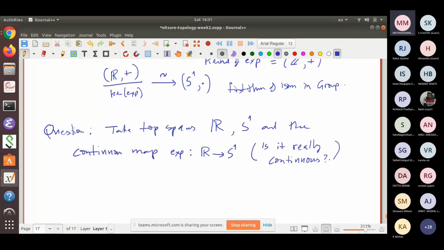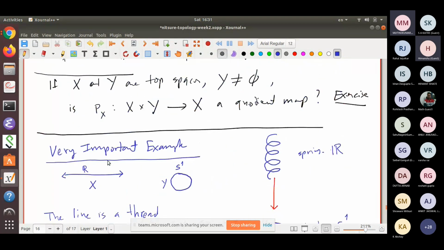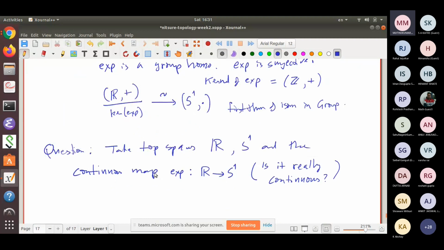So this is where you use your complex analysis. Here we have to consider S1 sitting inside the complex numbers. It has the subspace topology, right? That's how we defined the topology of S1 in the last lecture. So this map is continuous because the exponential map from C to C is given by a convergent power series whose radius of convergence is infinite.